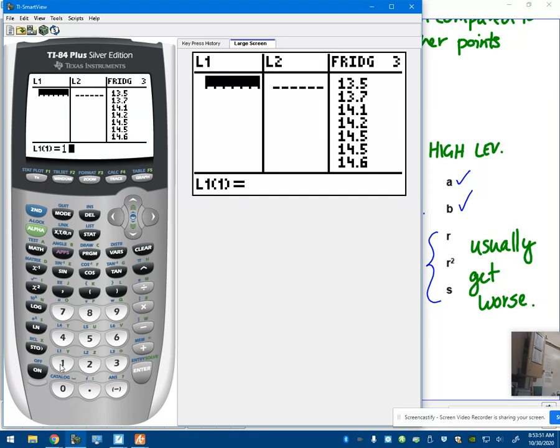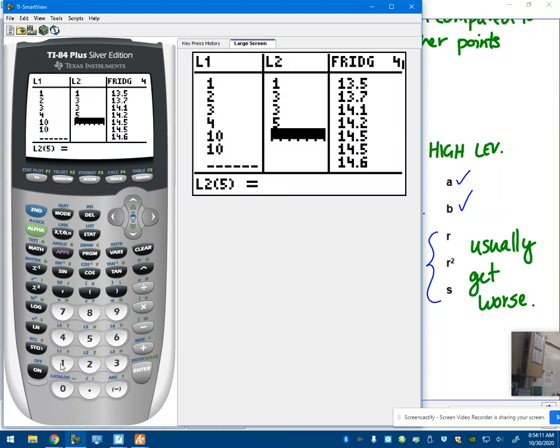X is going to be 1, 2, 3, 4, 10, 10. I'll come around and help you in the classroom, and help you at home also. And then Y is going to be 1, 3, 3, 5, 1, 11.